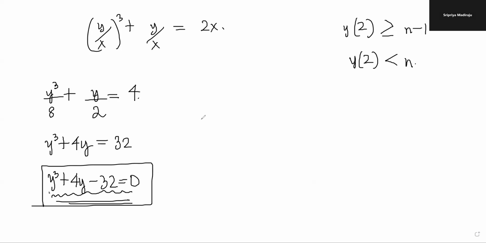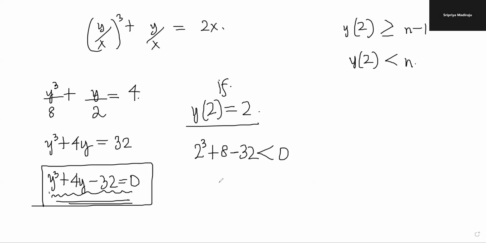If you put 3, you're getting 27 plus 12 minus 32 is greater than 0. So obviously it is between 2 and 3.